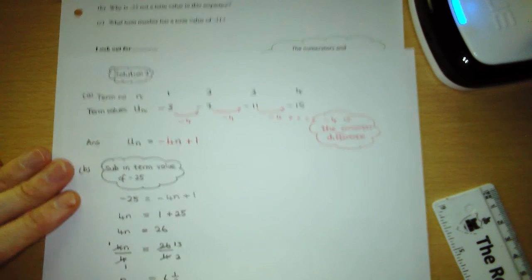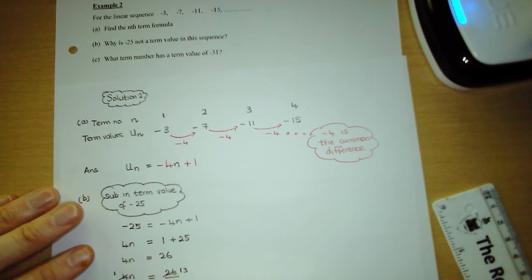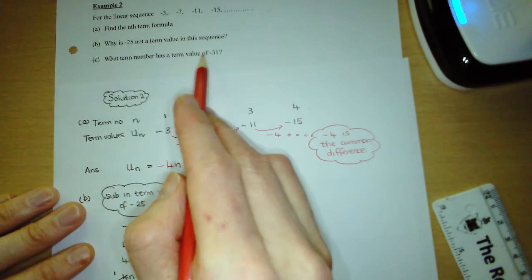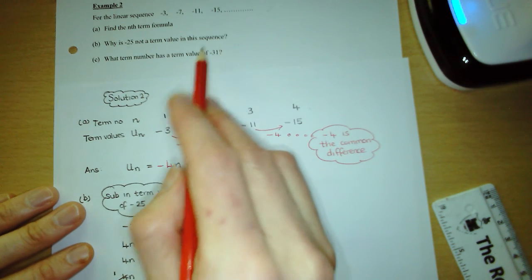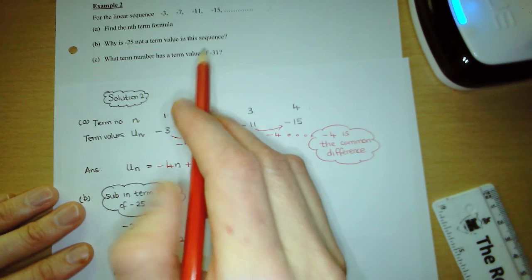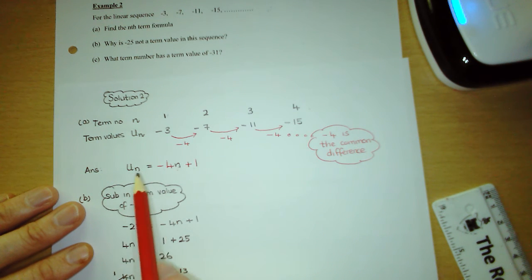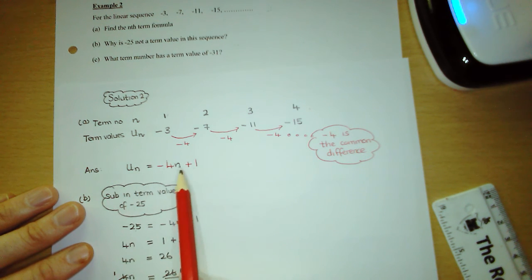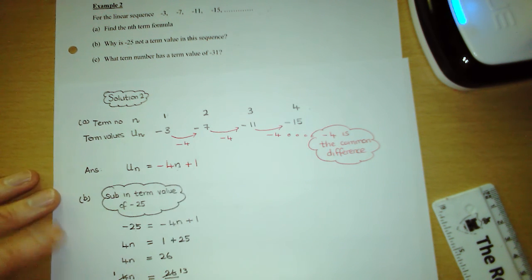Okay, let's look at part C. Part C says, what term number has a term value of minus 31? We're going to do the same thing. We're going to go to our nth term formula and sub in a term value of minus 31, and work out what term number it is, and hopefully this time it will be a whole number.